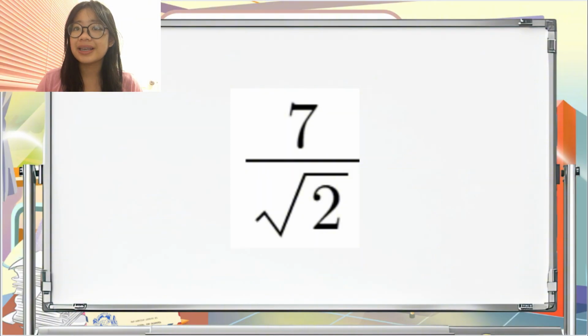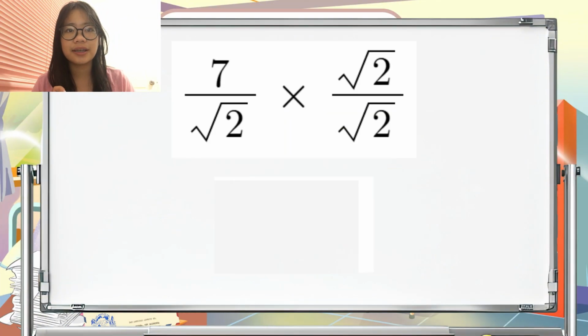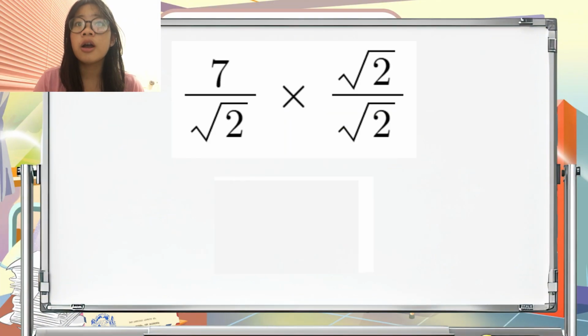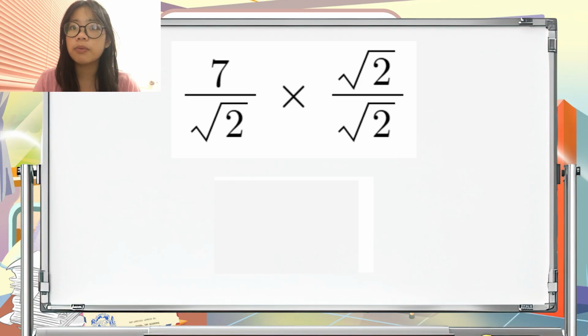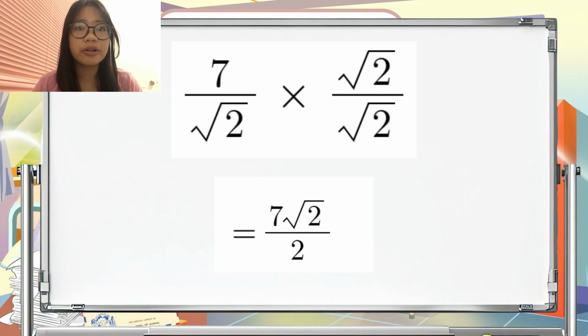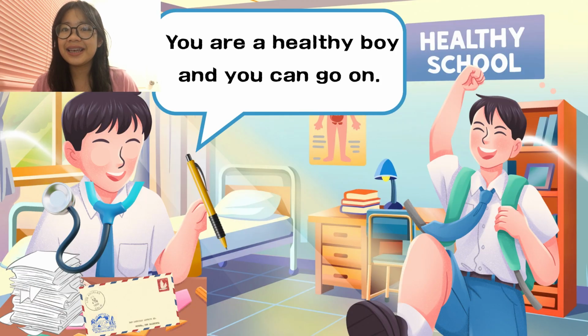And he remembers the steps on how to do it. He multiplies square root of 2 over square root of 2 to the given problem and arrives at the number 7 square root of 2 over 2. The doctor says he is a healthy boy and can go on.